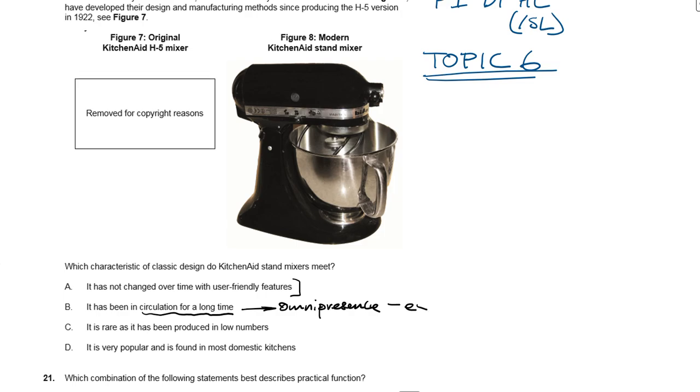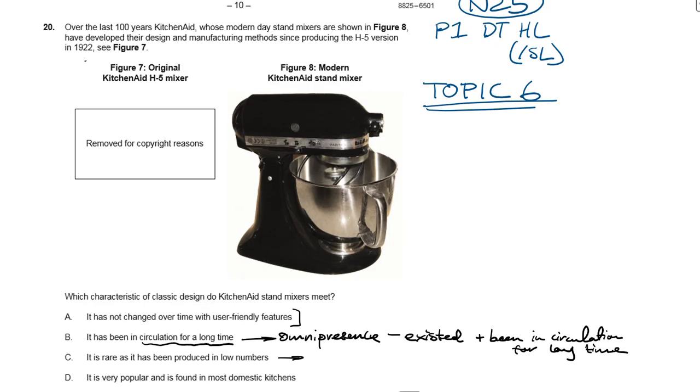So let's give that definition: existed plus been in circulation, for a long time. I just want to give you the exact definition. And then we have it is rare as it has been produced in low numbers. That's not exactly told to us in the description itself.